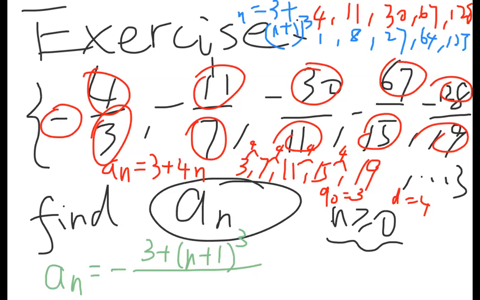So the numerator, we call it Bn, and for the denominator, we call it Cn. So the general term for the denominator is 3 plus 4n. Okay. Any questions?